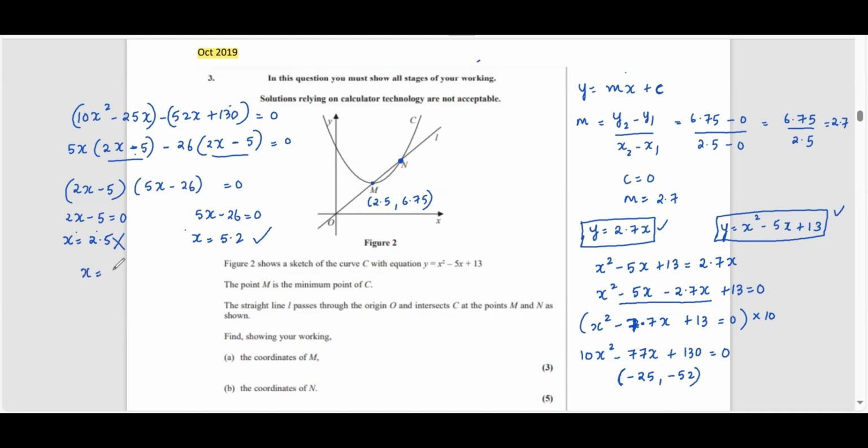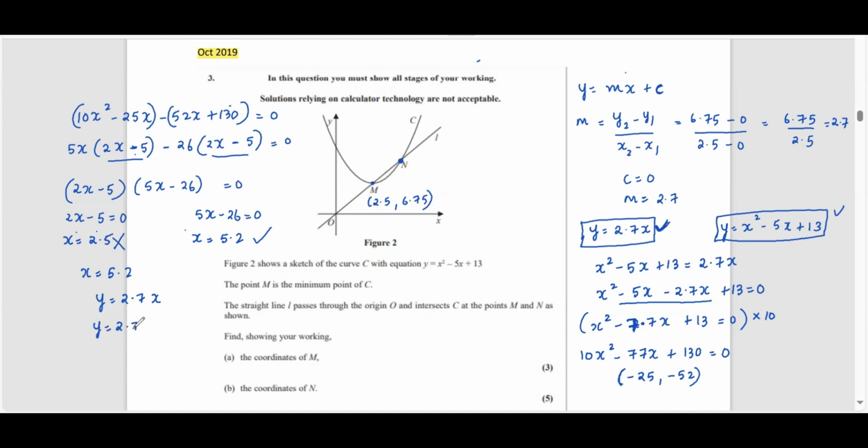So x is 5.2. We need to find out what y is. To find the value for y, I'll take the simple equation, the linear equation. Y is equal to 2.7 into x. Instead of x, replace with 5.2.